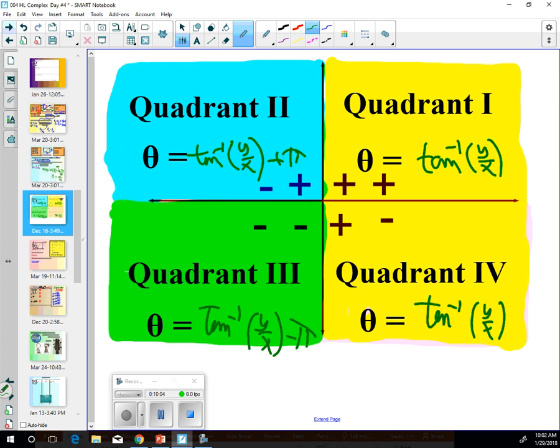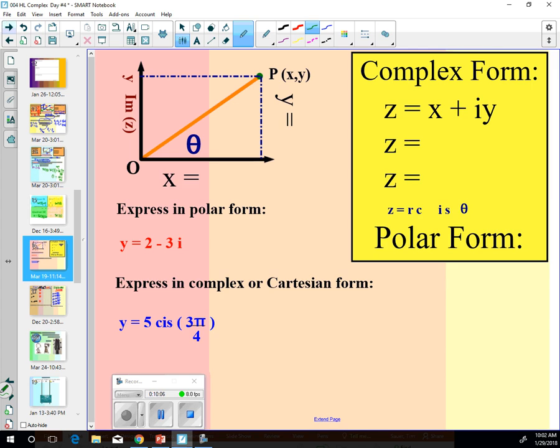A little bit. And then for complex form, all that happens is x is r cosine theta, and y is r sine theta. I apologize, we're kind of moving a little fast here.